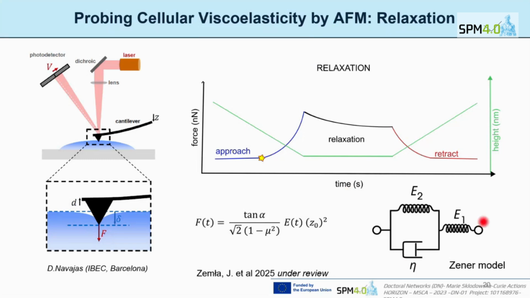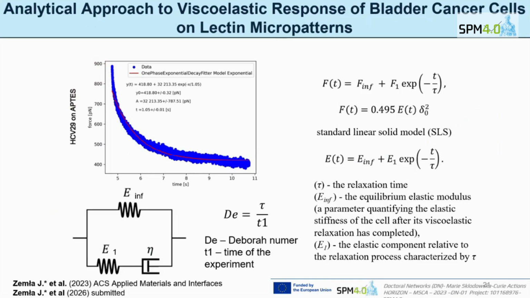As it was mentioned today, to such behavior, such force curve, we can fit a Zener model and obtain viscoelastic parameters from that measurement. So here you can see only the part when we were observing the relaxation of the cell, fitted with the standard linear solid model or Zener model. This is the same model, but with two different names.